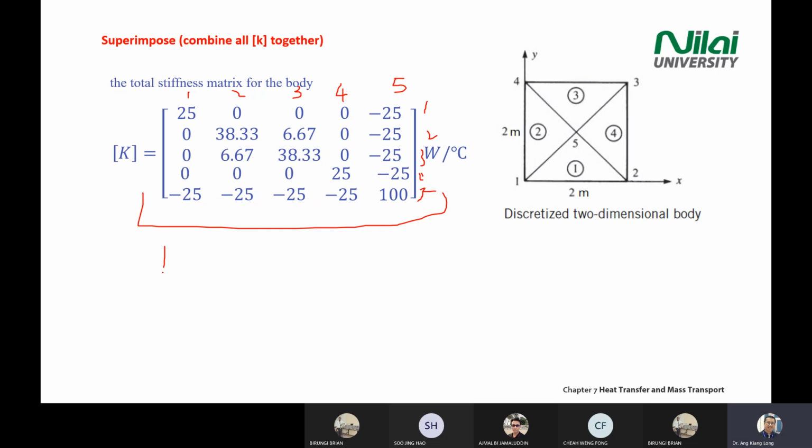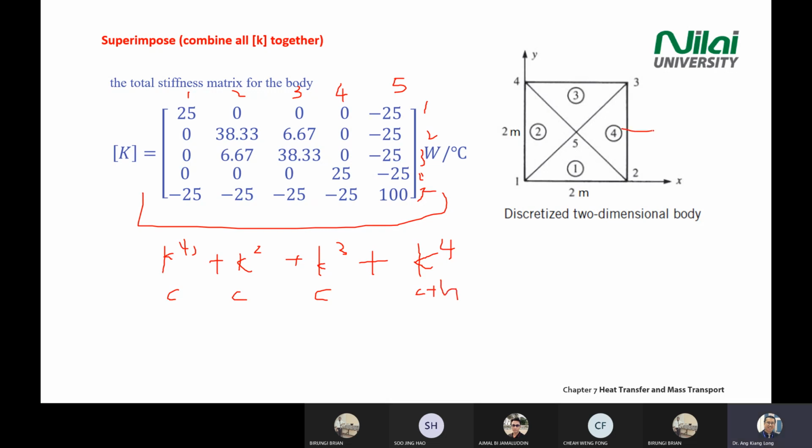So this one, it consists of stiffness matrix element 1 plus K matrix number 2 plus K matrix number 3 plus K matrix number 4. And remember, this one is conduction, conduction, conduction. Element 4, you have conduction plus convection.